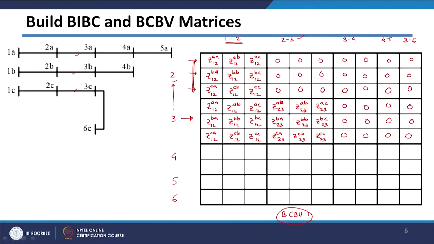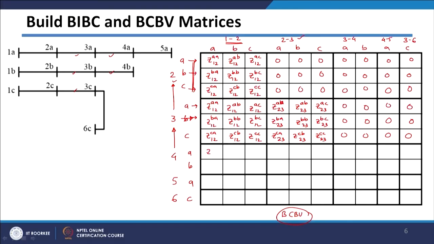Then see the connection between 3 and 4. Only 2 phases are getting connected between 3 and 4. So, in this case, this is corresponding to the ABC phases as I told you. So, ABC, AB, A and C, and this is corresponding to A, B, C, A, B and C, A, B, A and C. So, rows corresponding to A and B phases only need to be copied and pasted here.